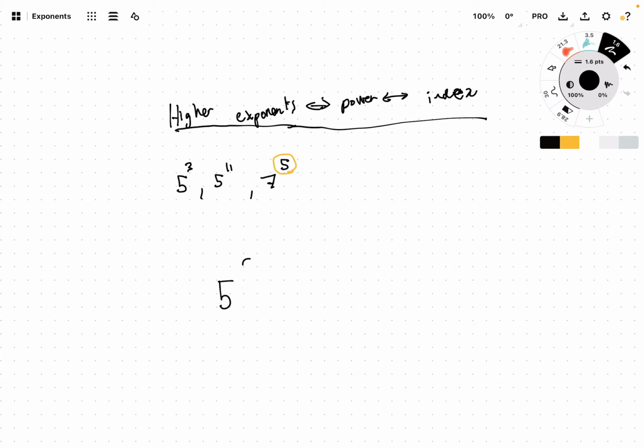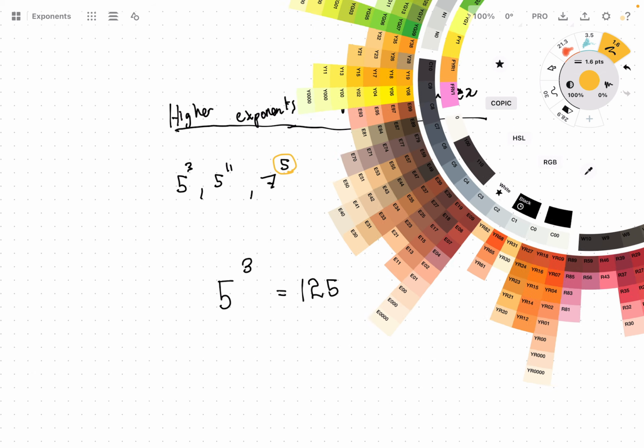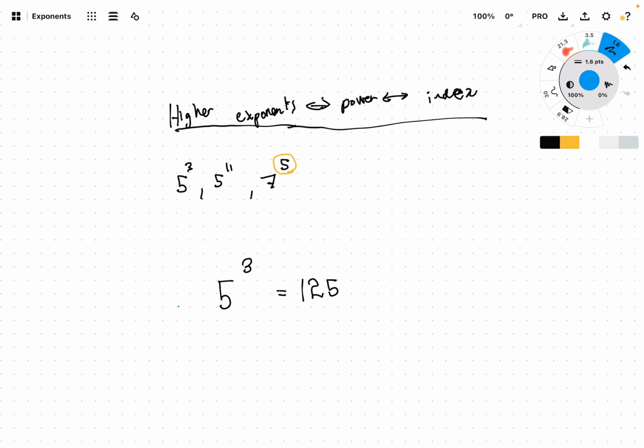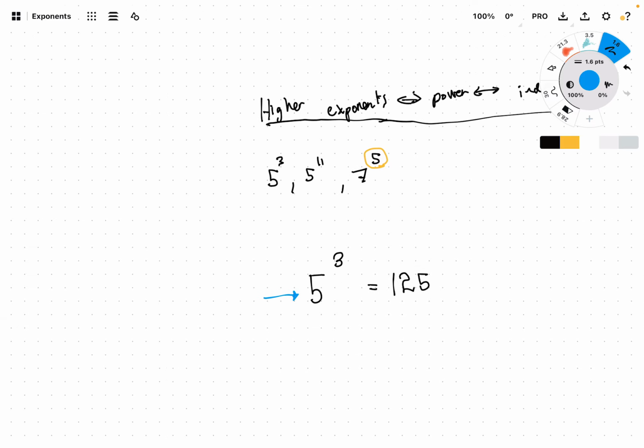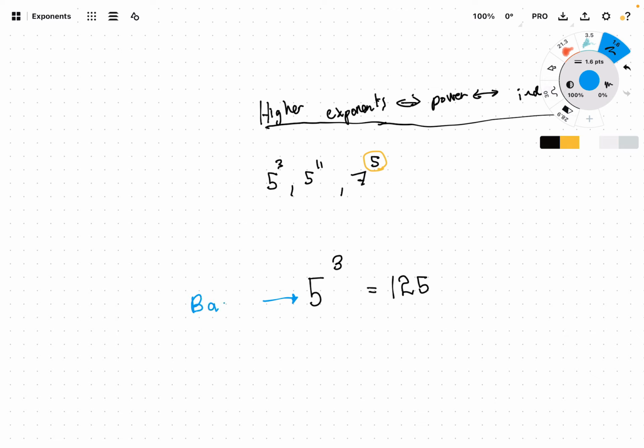If you have something like this, and just take my word for it, this is 125. Here's what the exact terminology is. The number that's been taken to the power of is considered the base. And 3 is the amount of repeated multiplications.